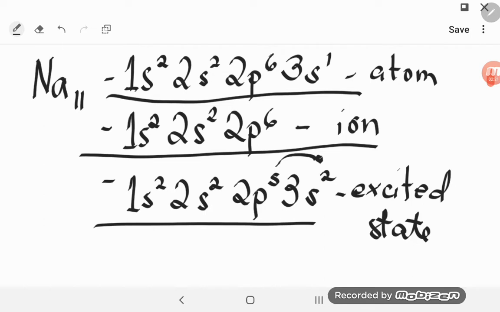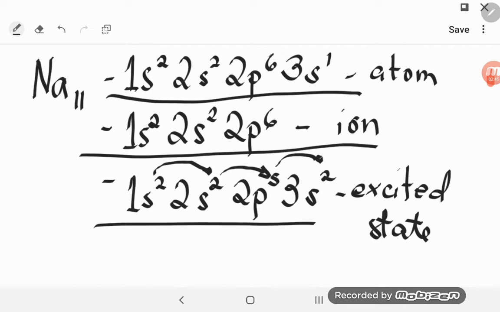It is not a wrong electronic configuration, it's just in its excited state, meaning this electron can also jump up here, and this electron can also jump to this level, just to show that it is in its excited state. Let's try another example.